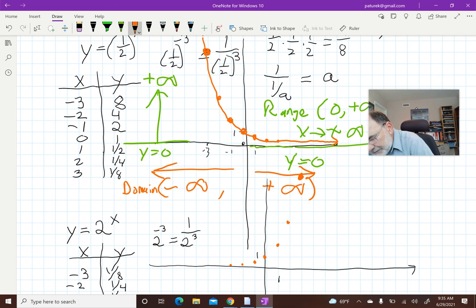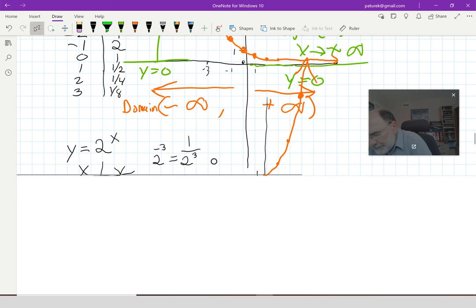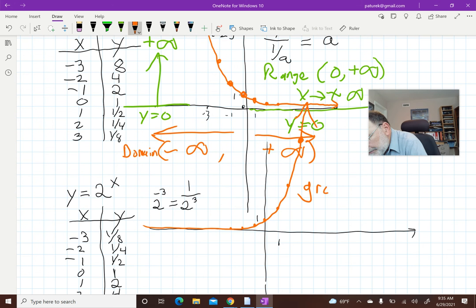Okay, I've sketched enough dots that you should be able to put it all together. In this situation, this would be called exponential growth because it's becoming larger and larger and larger as x becomes more and more positive.